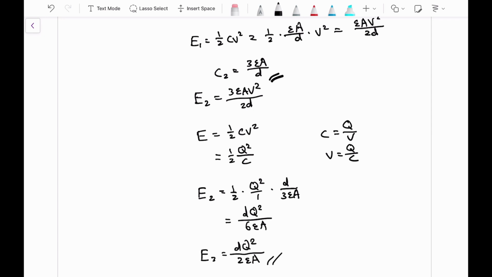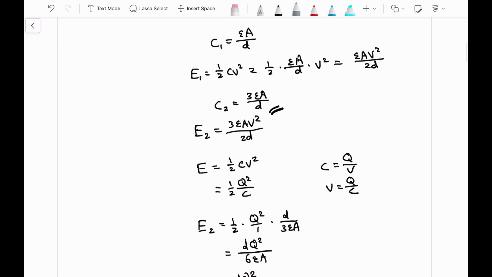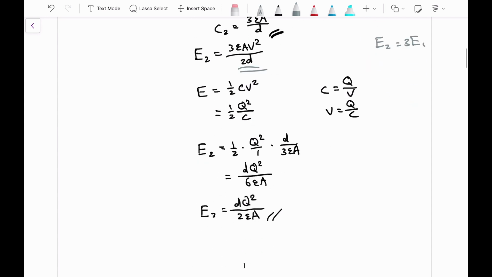From these two equations, we'll discover that E2 is equal to 3E1. And from these two equations, we know that 3E2 is equal to E3.